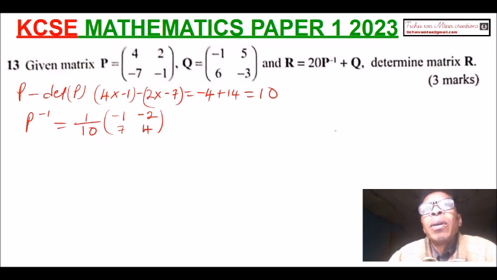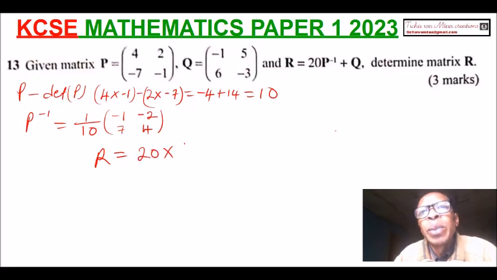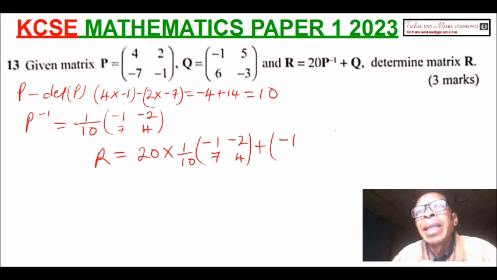Therefore, can we be able to get R? So we are told R is equal to 20 multiplied by P inverse, which we now have as 1 over 10 of [-1, -2; 7, 4], then plus Q, which is [-1, 5; 6, -3].